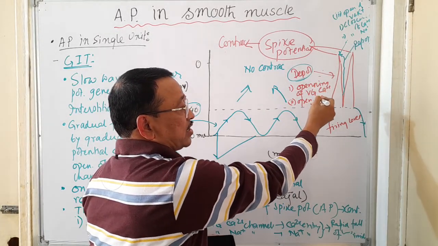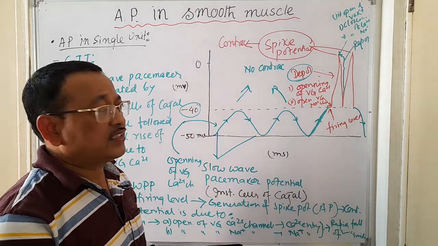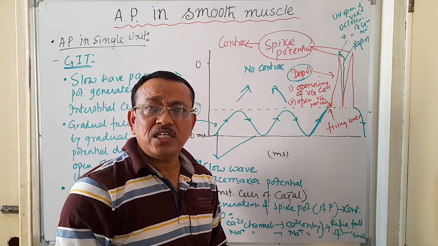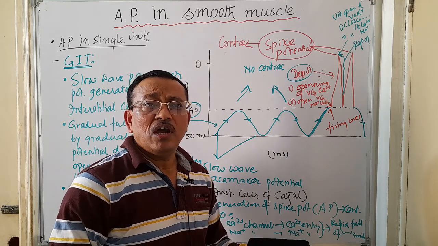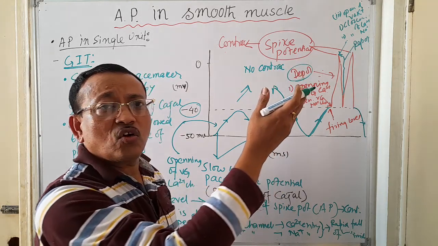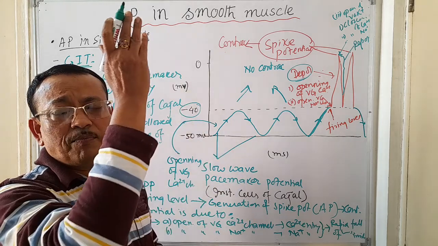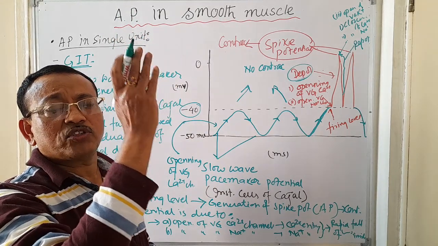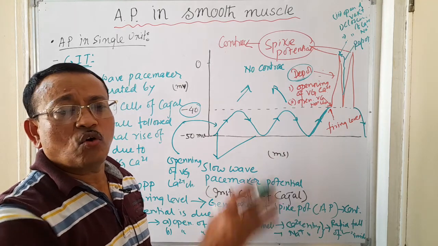Whatever calcium channels and sodium channels are open, they will now close. As a result, no more calcium entry, no more sodium entry, so no further rise of electropositivity. From 0, it will not go further up. The curve will not go up.